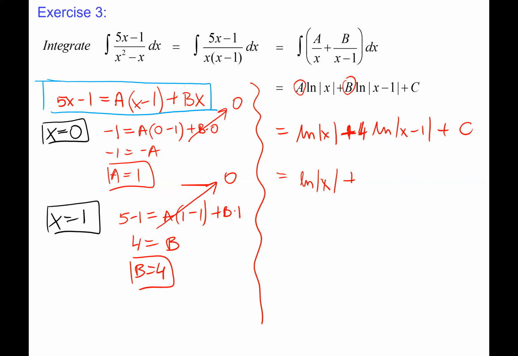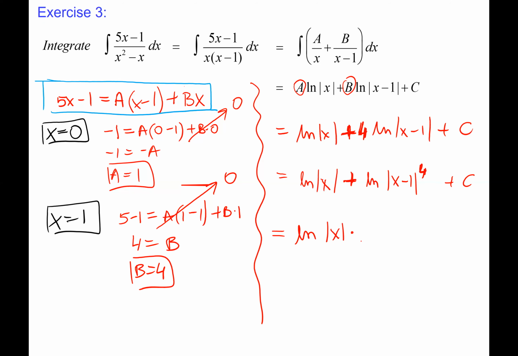I take that coefficient 4 here, and when adding two logarithms, I can multiply the values: absolute value of x times that part.